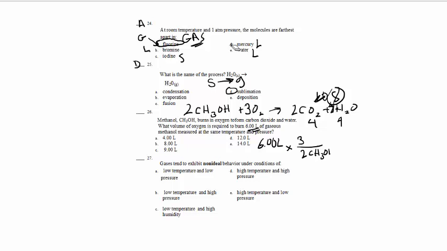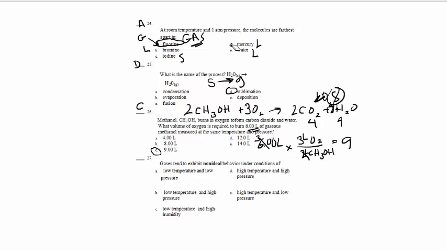And we're going to need this number of liters of O2. So in other words, 2 liters of methanol create 3 liters of O2. So just simplifying this, it appears 3 times 3 should be 9 liters of oxygen would be required. I think that's probably the correct way to look at that.